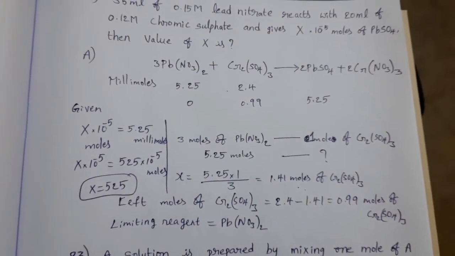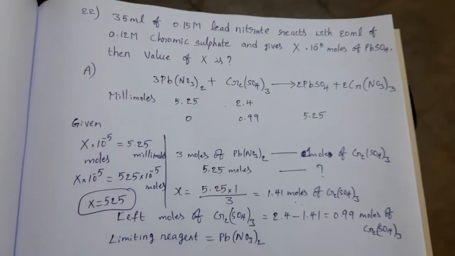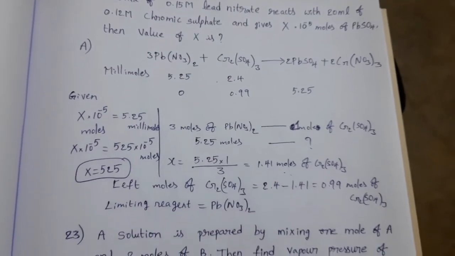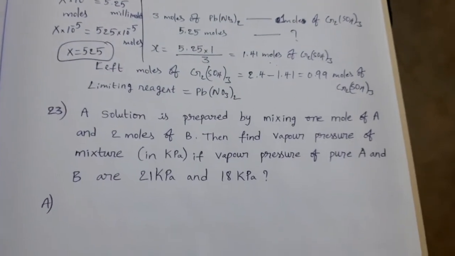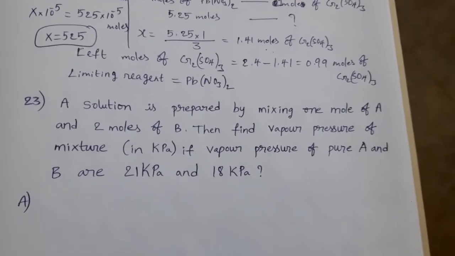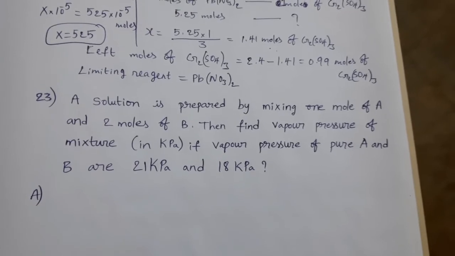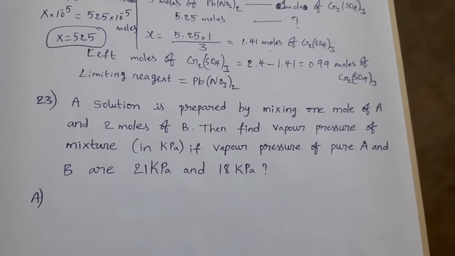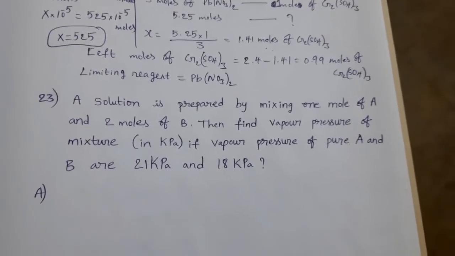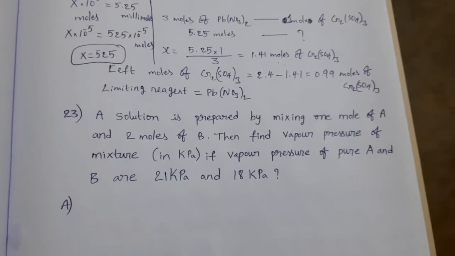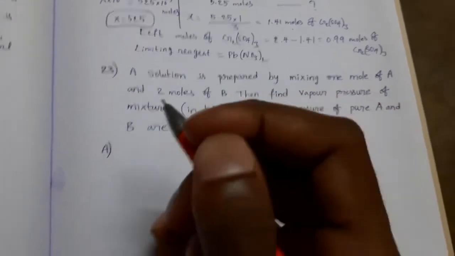Okay students, here the x value is 525. Next, the last question in this class. A solution is prepared by mixing 1 mole of A and 2 moles of B. Find the vapor pressure of the mixture if the vapor pressures of pure A and pure B are 21 kilopascal and 18 kilopascal. It's a very simple question.